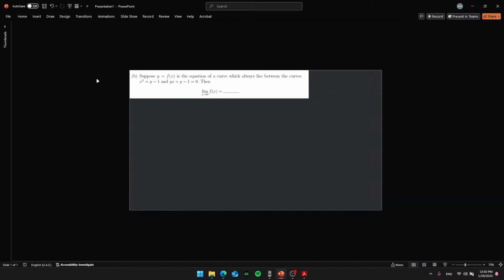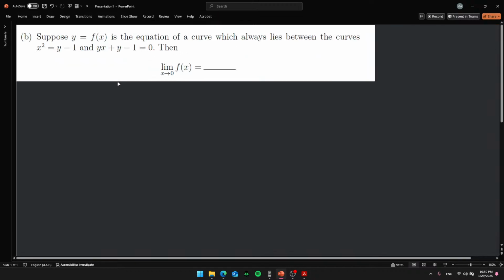So basically, he's saying that f of x lies between these two functions. Yeah, y equal, okay, nice.